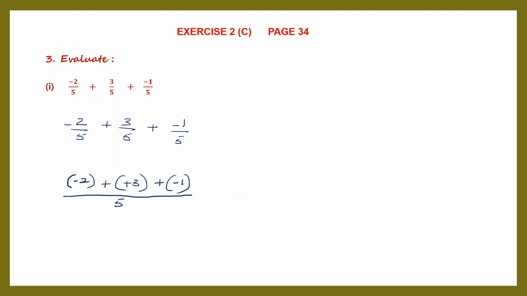So here I'm going to take these two numbers. So that will be minus 2 and minus 1. That is, when signs are the same, put the same sign and add 2 plus 1 is 3. So here we have minus 3 plus, and then here we have plus 3. And the denominator is 5.